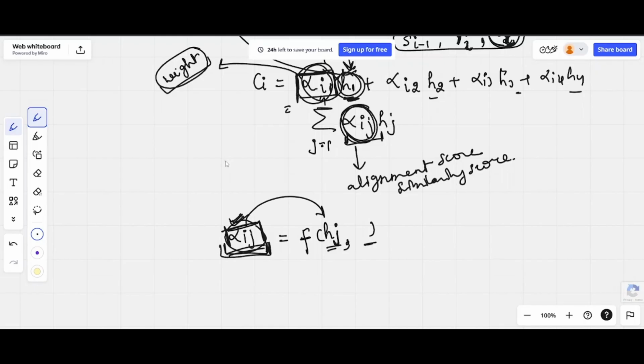If hj is important, then this value will be higher. If hj is not very important, then this value will be lower. So alpha ij is clearly dependent on hj. But there is one more term on which this alpha ij depends. And you know what that is? It's a little confusing, but I will clear it for you. That is si minus 1. This is the previous hidden state of the decoder.